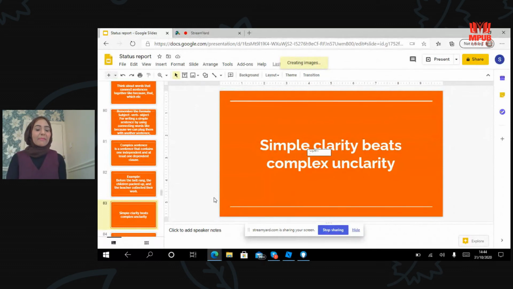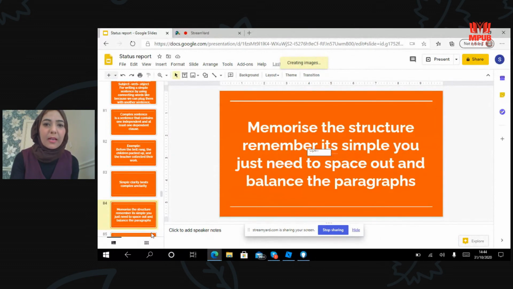So keeping it simple and clear will win over complex writing that is so unclear and so difficult to make sense of. Also, memorize the structure. Remember, it's simple. You just need to space out and balance the paragraphs exactly the way I've taught you in the informal letter and now in the formal letter.